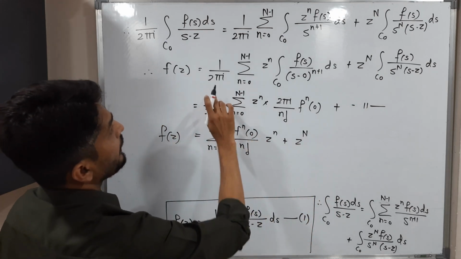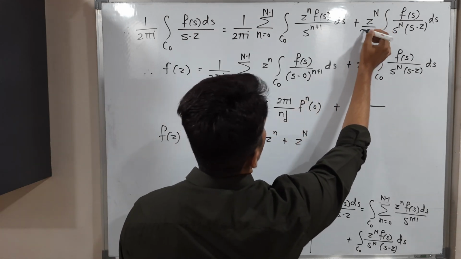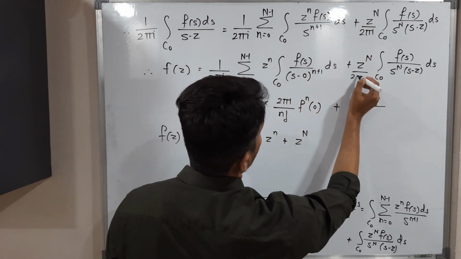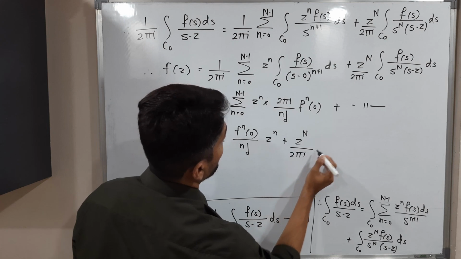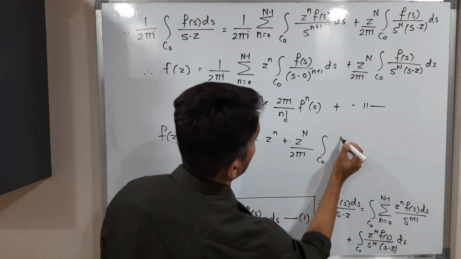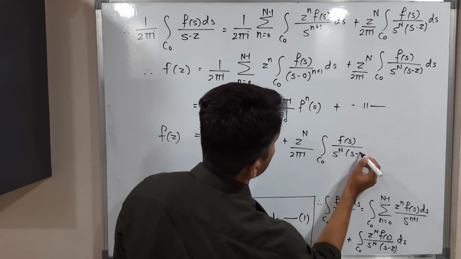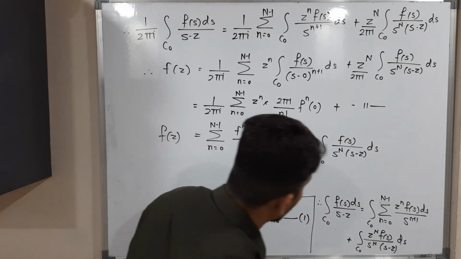I should multiply here by 1 upon 2 pi i on both sides. So 1 upon 2 pi i times the integration over C naught of f of s upon s raised to n times s minus z ds.